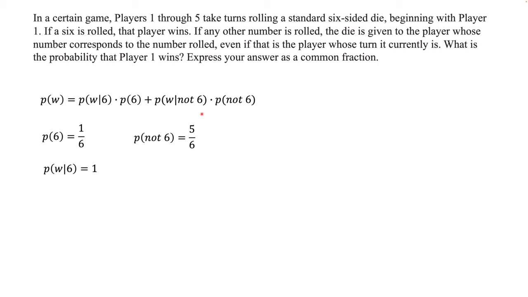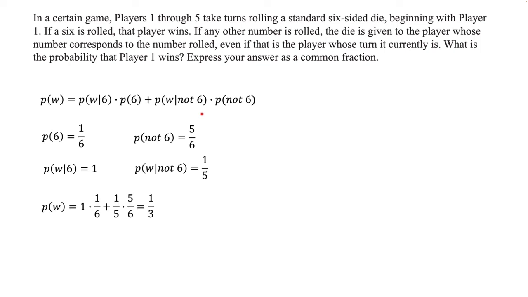All the players are in the same conditions. They all have the same chance of winning. In this case, probability of the first player to win is going to be 1/5, right? There are 5 of them. Each of them has equal probability to win. So it means that probability of win by the first one, if not 6 is thrown, is 1/5.